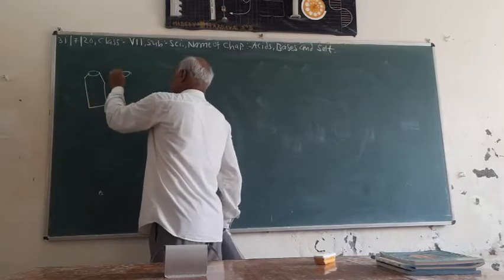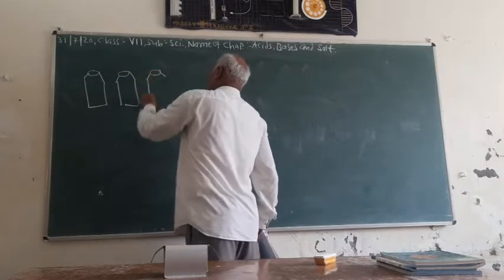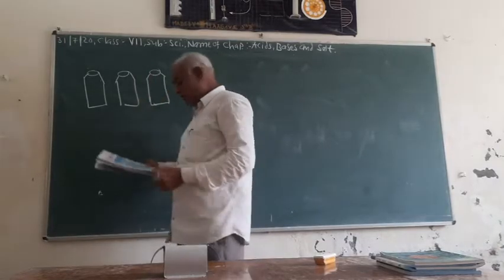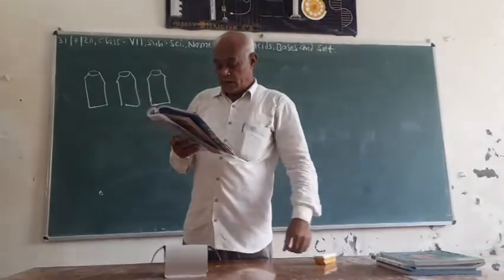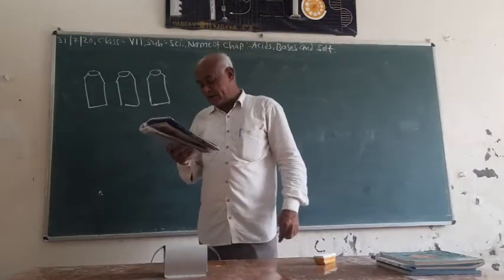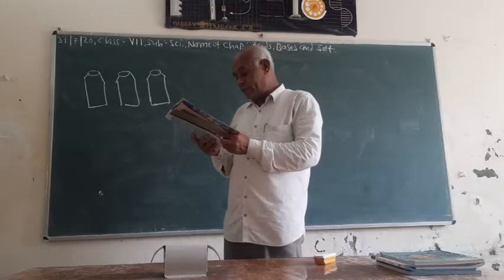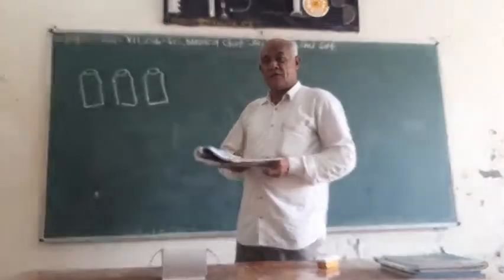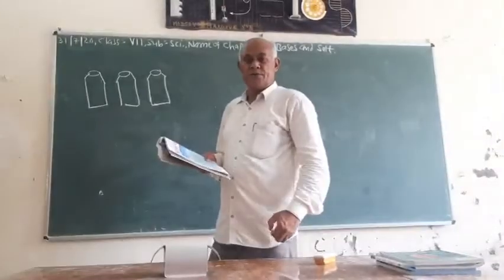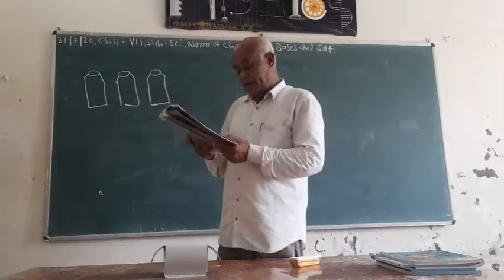Suppose these are the bottles of Dorji's restaurant, and these are not labeled. He has to serve the drink on the basis of demand of customers.